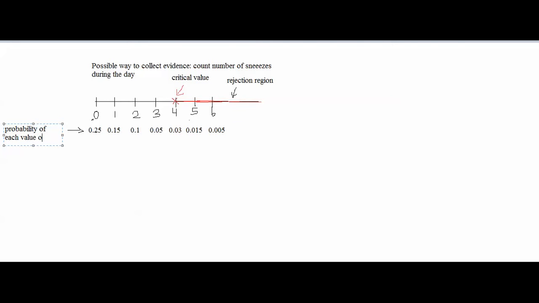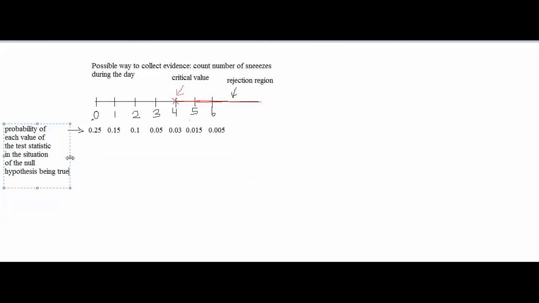It's actually the probability of each value of the test statistic. Remember that these numbers up here are the different values of the test statistic. The different numbers of sneezes are the different values that the test statistic could have. So the test statistic is the data that you're recording that show evidence against the null hypothesis.